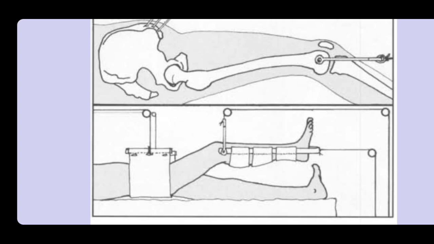But if we have a combination of rotational and vertical instability, we can combine skeletal traction with a pelvic sling, or we can apply an external fixator on the anterior part of the pelvis. Note that these external fixators are usually applied through the iliac crest in the area of the anterior superior iliac spine. Two or three Schanz screws are inserted on each side, and they are connected together with a rod.